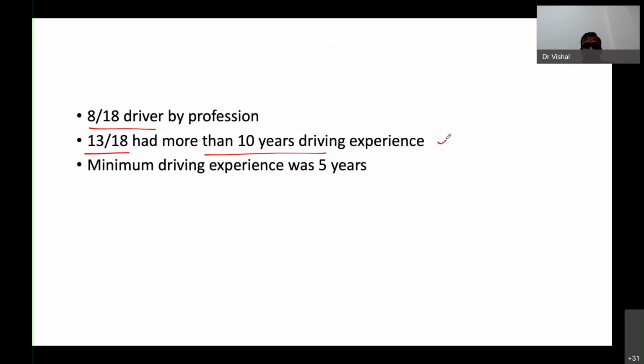So it's more common in people who have been drivers for long. It's not something related to the early phase of learning driving.